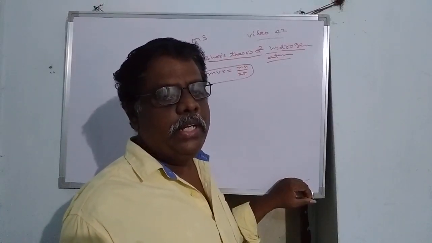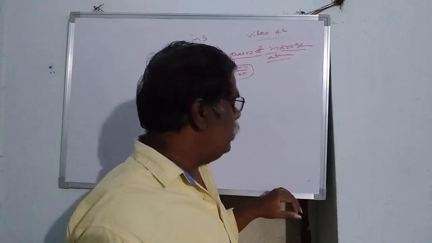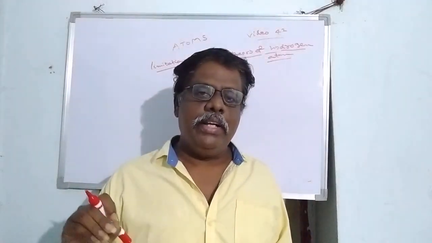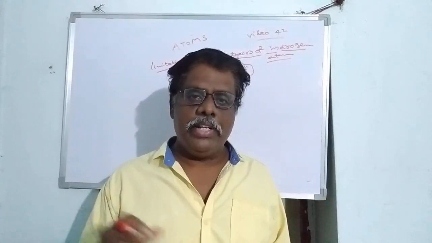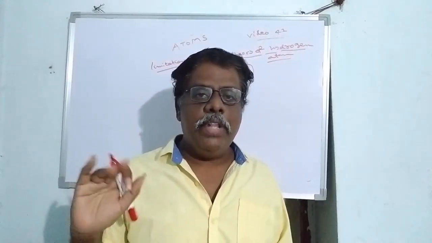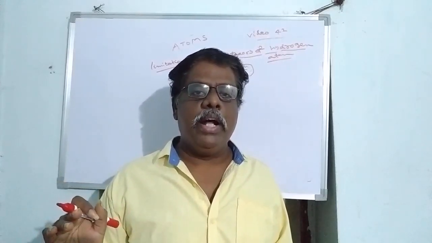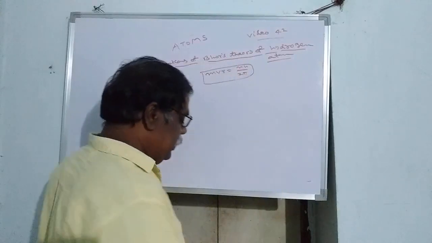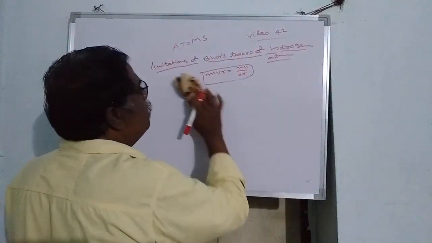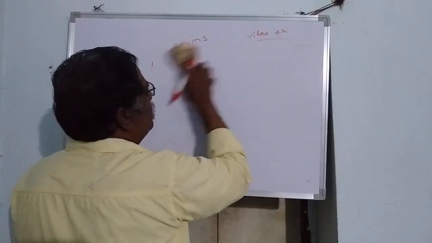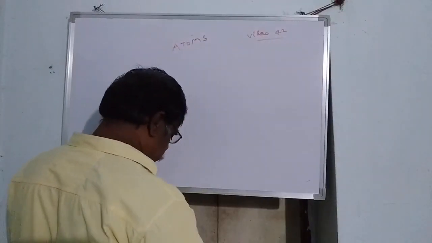It is valid only for lighter elements like Z value equal to 1, just like hydrogen atom. If the Z value is greater than 1, it is not applicable. It fails to explain the higher elements. These are the limitations of Bohr's theory of the hydrogen atom. Very important, the limitations are also asked for 4 marks.